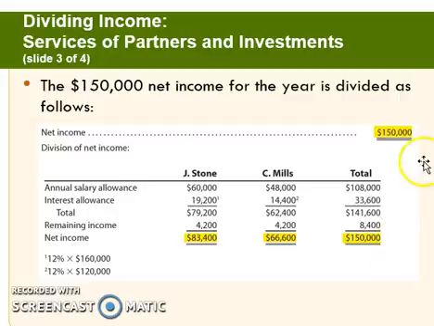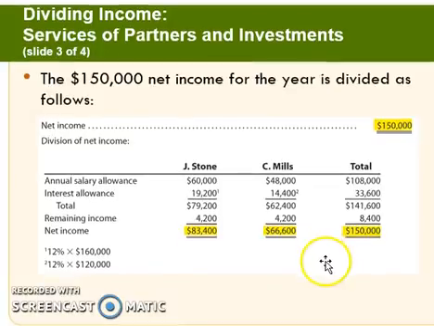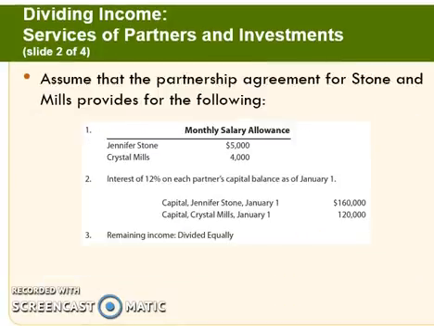So we take $150,000 minus $141,600 and know that we need to divvy up $8,400 more. 50% of that is $4,200 each, and that gets us to Jennifer getting $83,400 and Crystal getting $66,600, and the total always has to equal your total net income that you were trying to allocate.